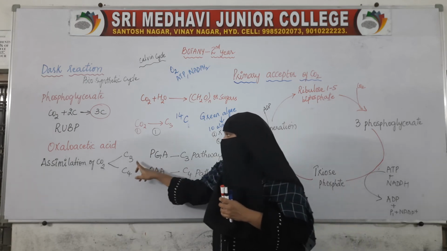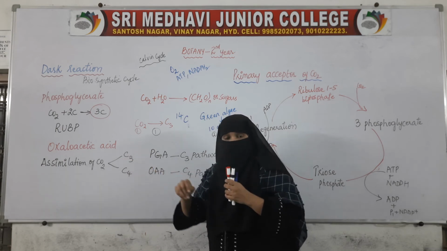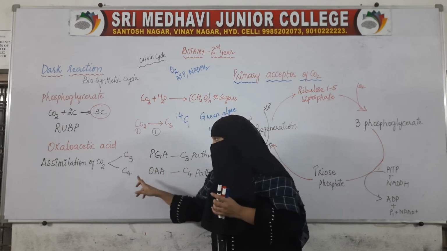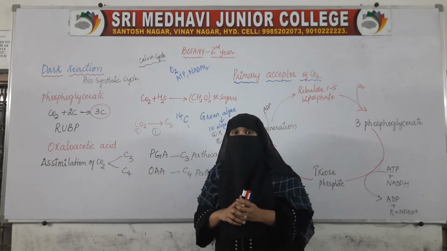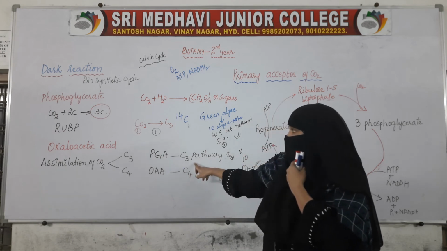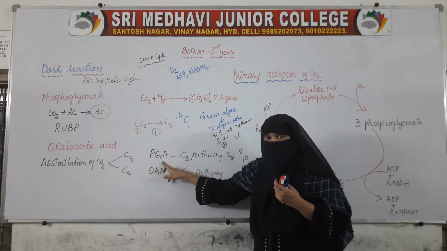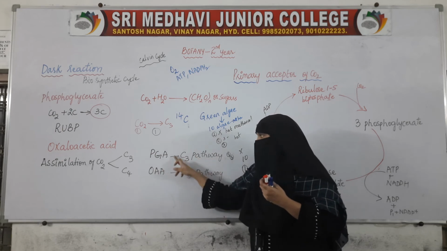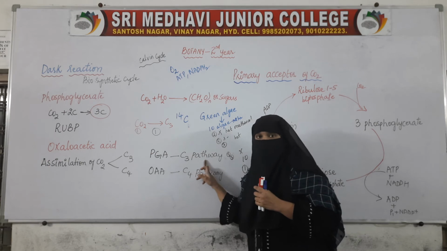The plants where a 3-carbon compound is formed as the first product are called C3 plants, and the plants where a 4-carbon compound is formed are called C4 plants. In C3 plants, the first product is phosphoglyceric acid, and they undergo the cycle called the C3 pathway, the C3 cycle.